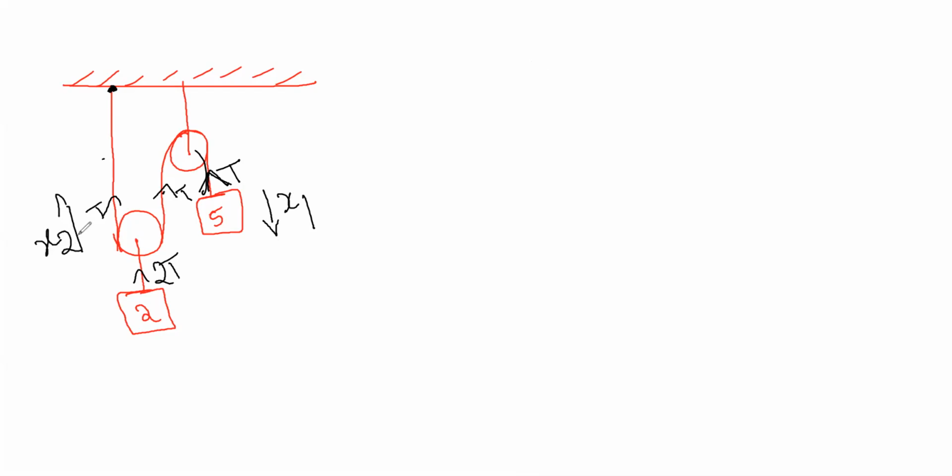We move somewhat, x1 and x2. So work done by the internal forces. Here the internal force is the tension, correct? Work done means T dot X, force into the displacement, dot product. Means T1 X1 plus T2 X2 should be equal to 0.